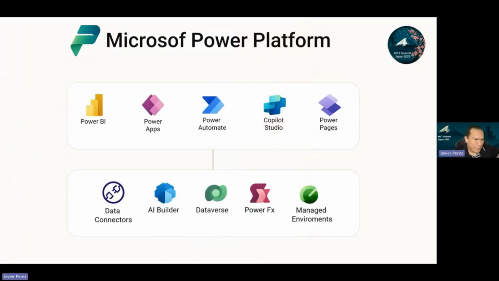In Power Platform, we have different apps that we use. We can start using apps like Power BI, Power Apps, Power Automate, Copilot Studio, or Power Pages. But we will start building solutions with Power Apps or Power Automate.